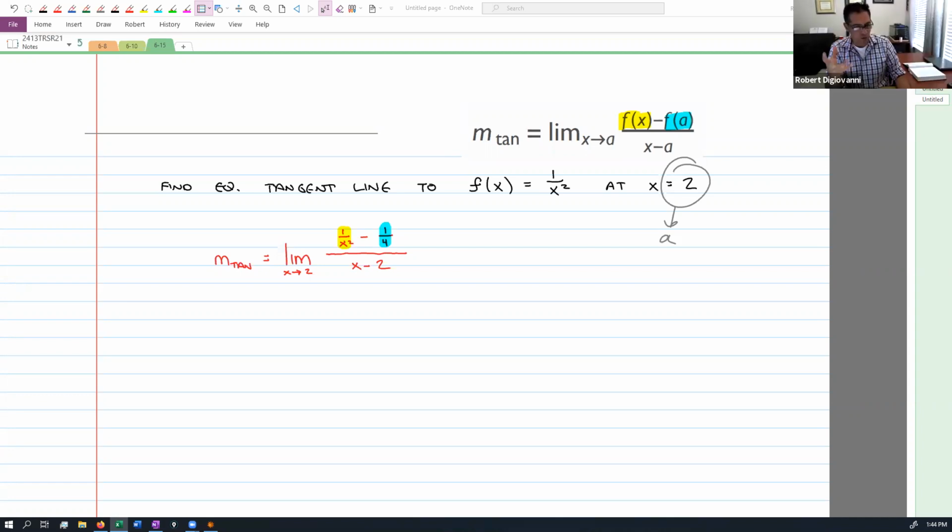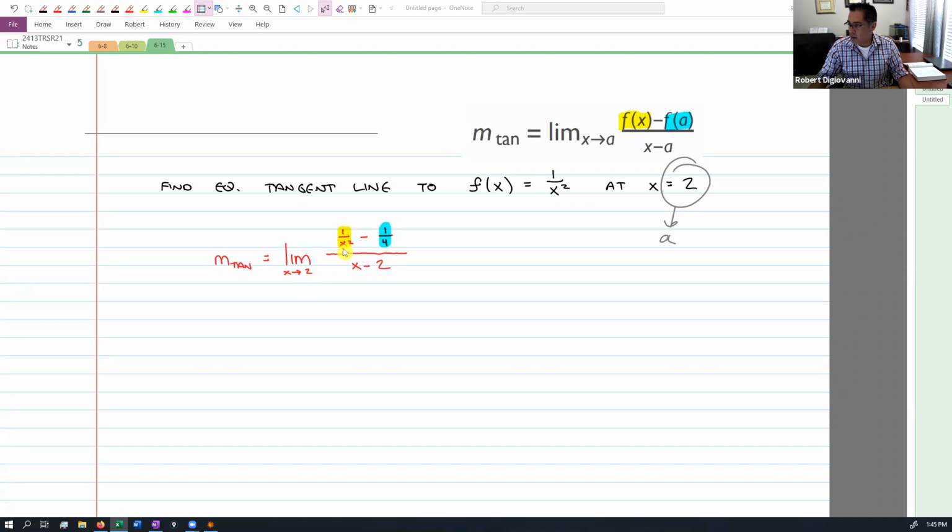What do you always do when you have a limit? You plug in the value you're approaching. Just see what happens. Let's just replace x with 2 and see what we get here.